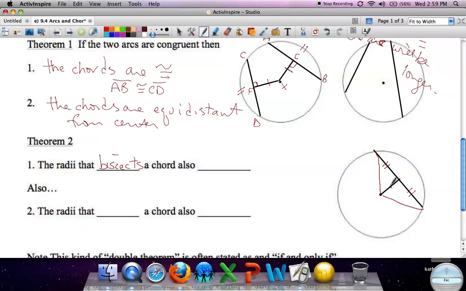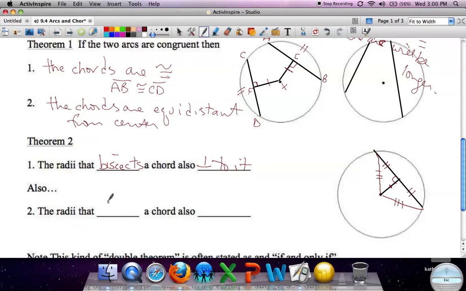We know that this side is congruent to this side, and we know that this side is congruent to this side because the radii are always congruent. So these two triangles are congruent because of SSS, which means that these two angles are congruent, but they also add up to 180. So that would mean these would have to be perpendicular. So if a radii bisects a chord, it's also perpendicular to it.